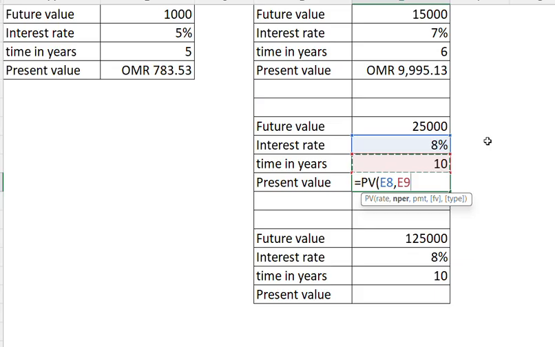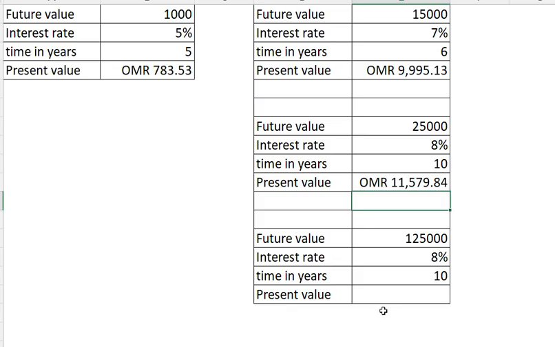Click on the number of years, comma, PMT as I told you, it will be 0, comma, again future value. Before taking the future value, we have to include minus. If you don't put minus, there will be an error. You will not get the correct answer. So minus, click on future value, comma, again 0, bracket close, enter. So this is your answer.